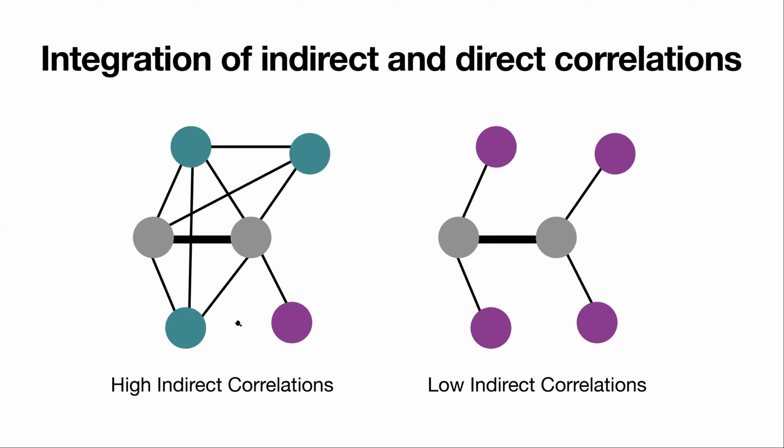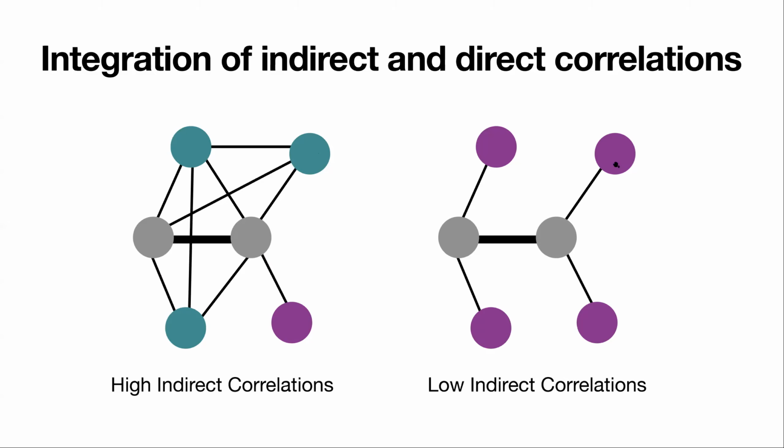So when we have high indirect correlations, if I'm looking at the association between the two gray genes or two gray nodes here, they have a strong correlation, but we also see that all of the green nodes, all the other genes that are correlated, are correlated with each other. So this green node is correlated with both of the gray ones and the other green one. So their friends are friends.